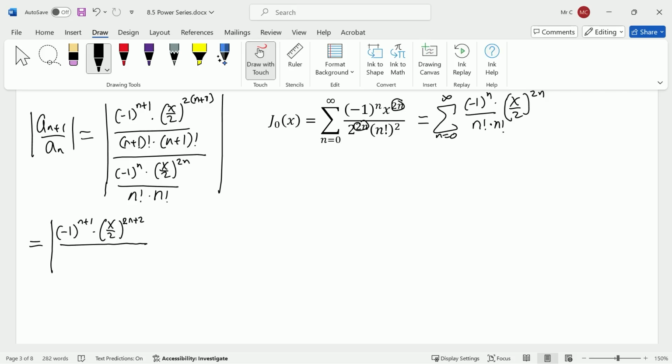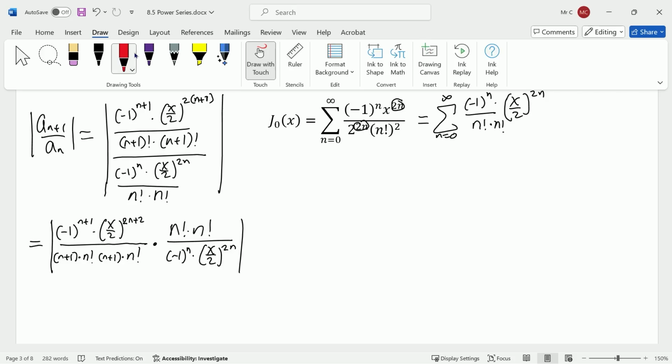And I'm also going to rewrite my n plus 1 factorials as n plus 1 times n factorial, n plus 1 times n factorial, times, and then I'm flipping this denominator, so I get n factorial times n factorial over negative 1 to the n times x over 2 to the 2n power.